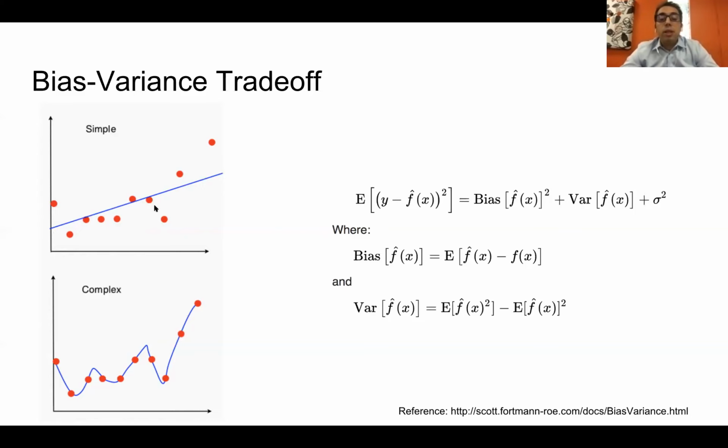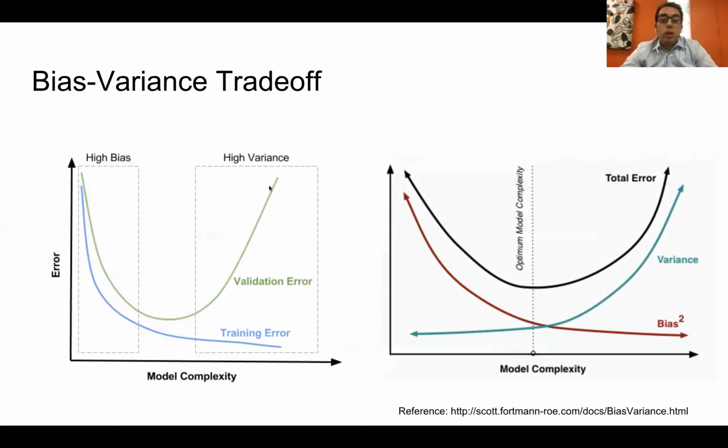So for instance, a very simple model can have large bias but low variance. And a very complex model can have a large variance but low bias, and neither of these is ideal.